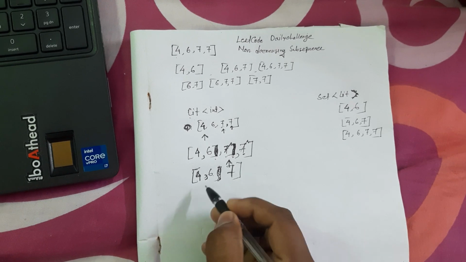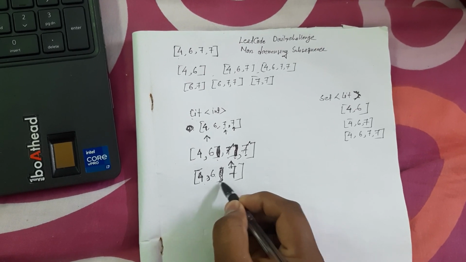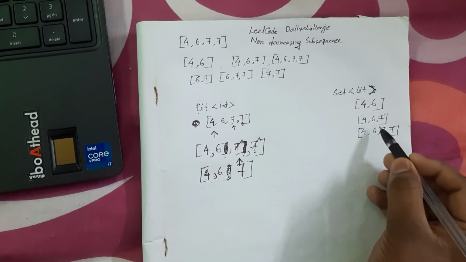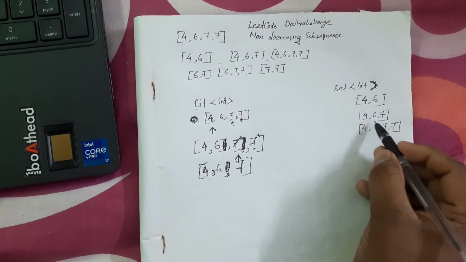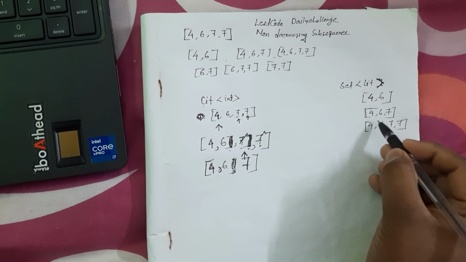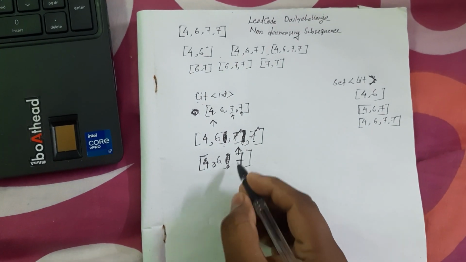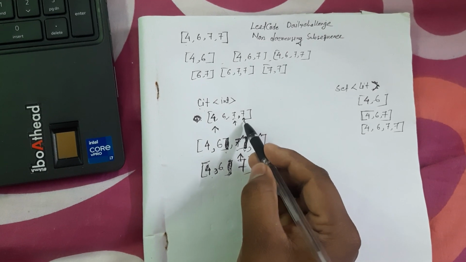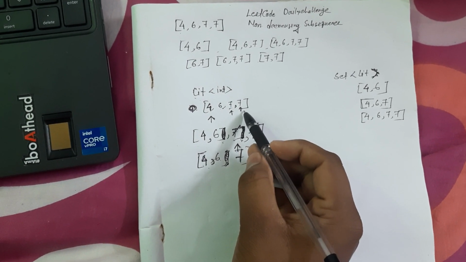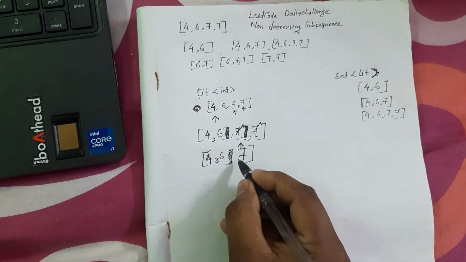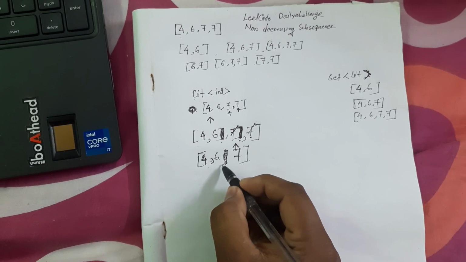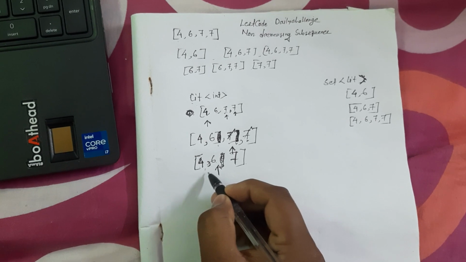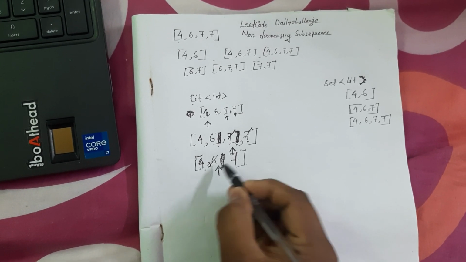Now we get the answer 4, 6 and 7, but 4, 6, 7 is already present in our set, and that's why it cannot be added to our answer set. We came to the last index, so we come back and remove the 6 as well.